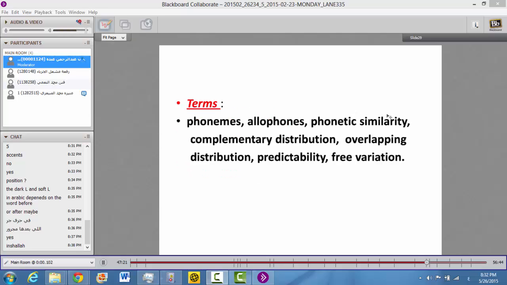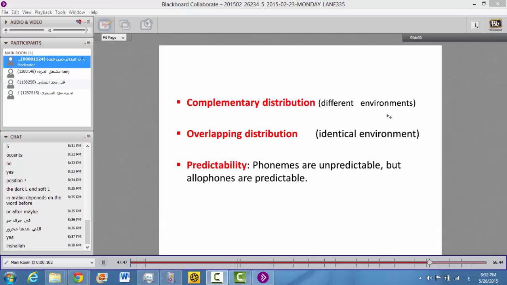So in this section we have just covered, I want you to focus on the following terms: phonemes, allophones, phonetic similarity, complementary distribution, overlapping distribution, predictability, and free variation. We go back again to the distribution.